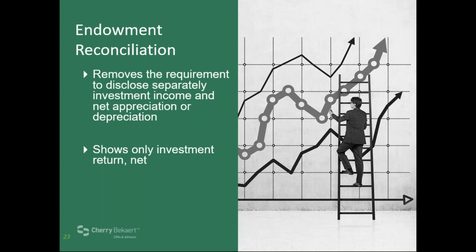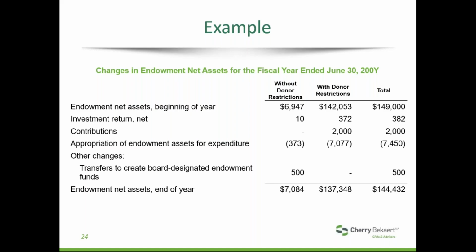So there are a couple of changes to our endowment disclosures. We are no longer required to show the components of investment income in the endowment note. All of the components are to be combined into one investment return line, and I've got a good example of that here on the next slide. In this example, you can see the second line is investment return, net.